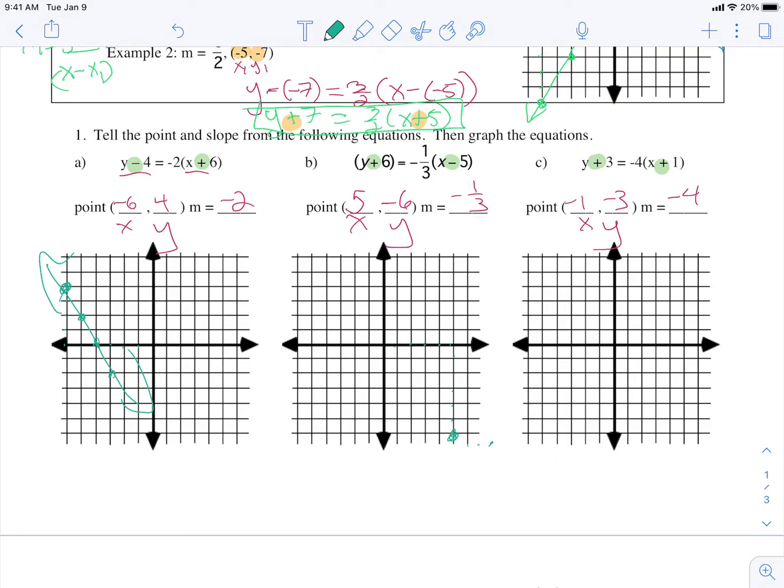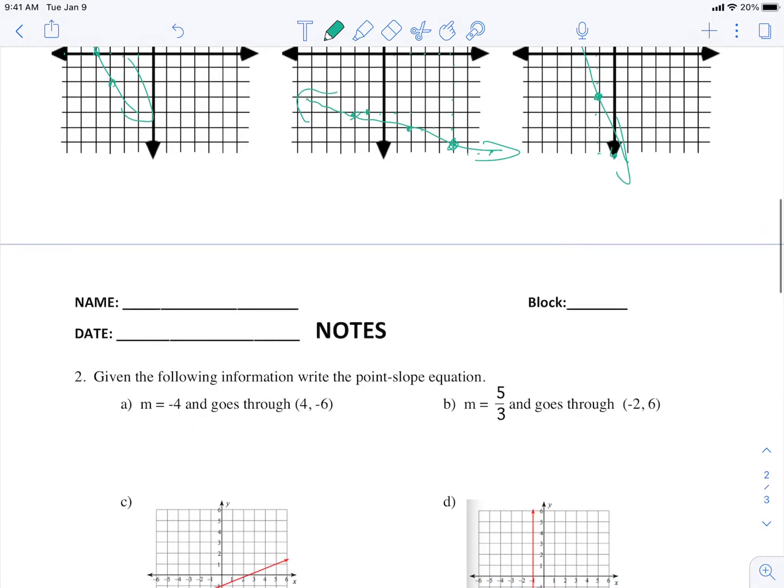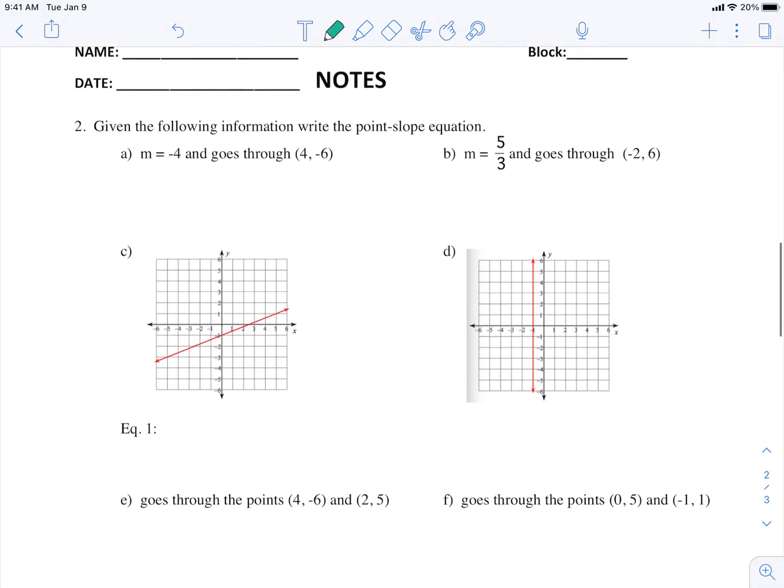We can go up 1, left 3, up 1, left 3, and there's my line. Over here, -1, -3, and down 1, 2, 3, 4, up 1, 2, 3, 4. There's my line.